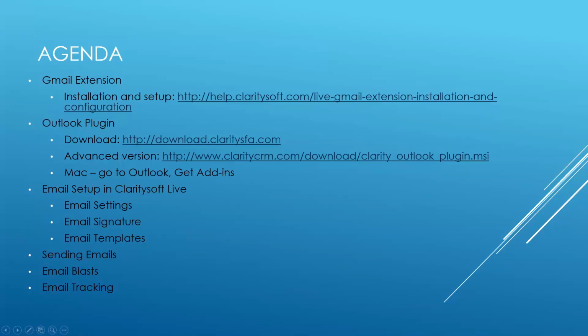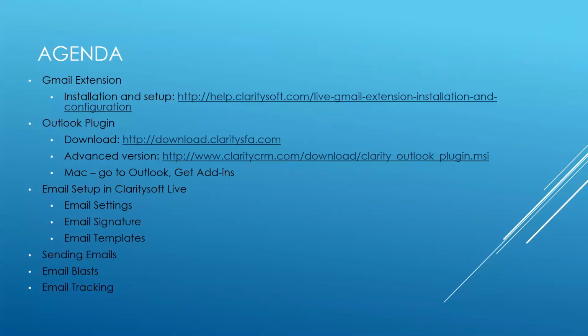As many of you know, if you've been working with ClaritySoft, we do have different ways to connect to Gmail and Outlook, and allow you to save emails from those entities back to ClaritySoft. You also can send emails from within ClaritySoft. Another topic we'll cover today will be getting all your settings and credentials set up that allow you to send out of ClaritySoft.